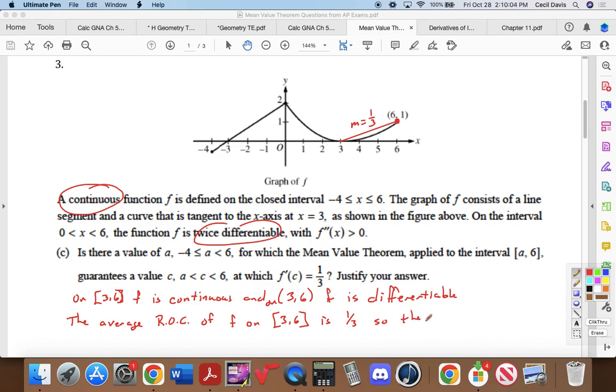So the mean value theorem, which you can feel free to abbreviate MVT, everyone will know what you're talking about, guarantees a value of C where 3 is less than C is less than 6, at which f prime of C is equal to 1/3.